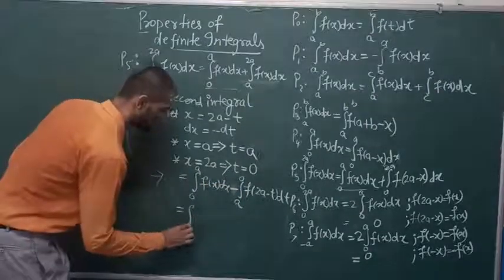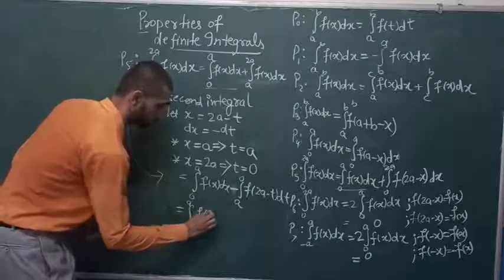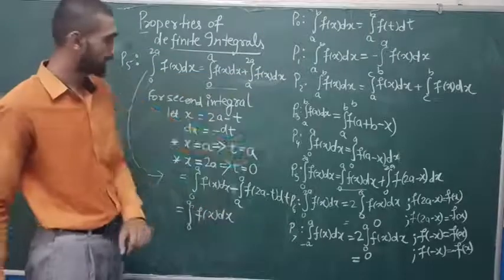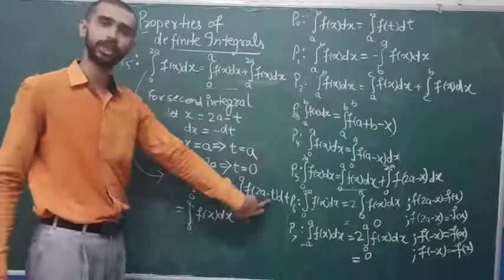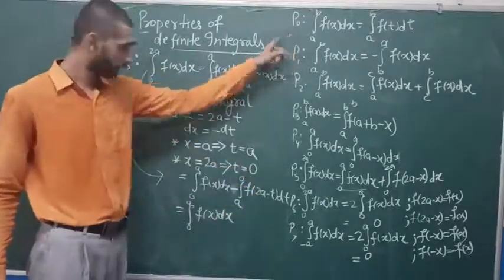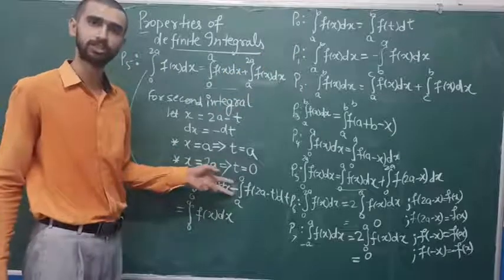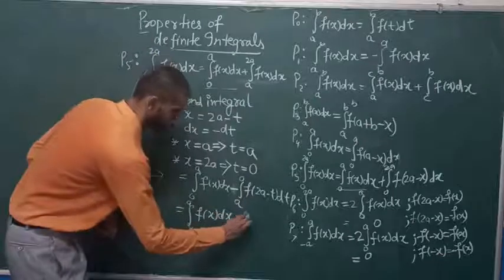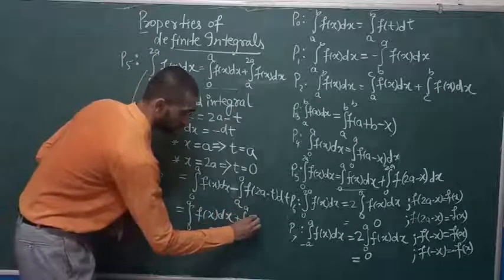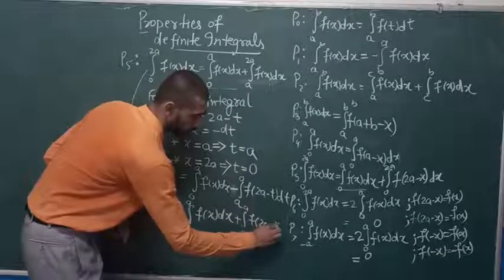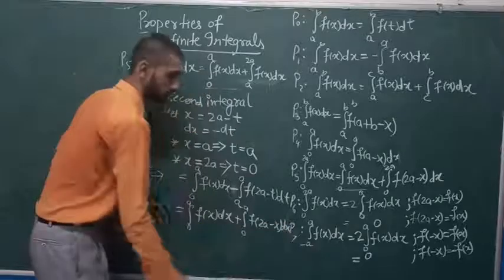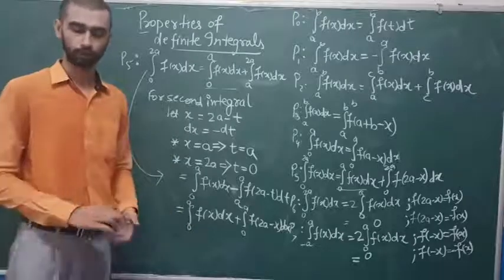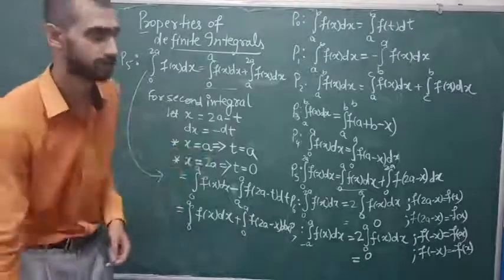Now, from previously used identities, I can change t into x from P0, and I can also reverse the limits from P1. It will become, so this is the proof of the P5. This is proof. Now let's move to P6.